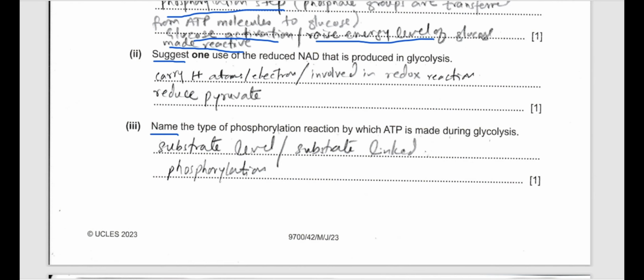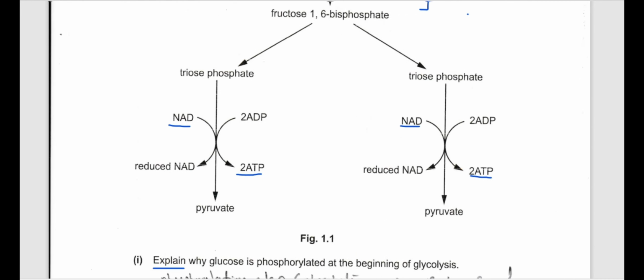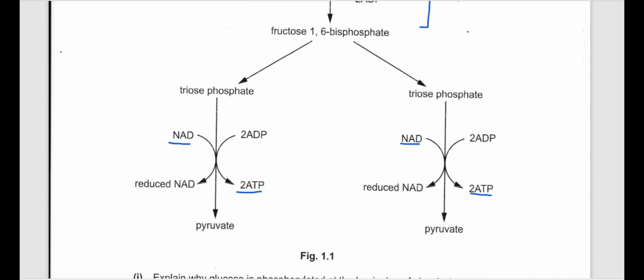Now, if you recall the types of phosphorylation, one is substrate linked and another is chemiosmosis. You must have done it in your syllabus.